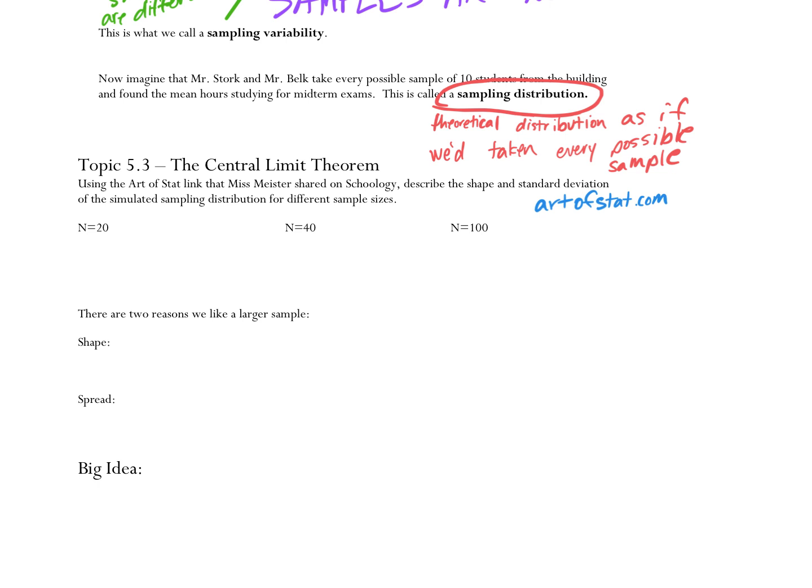Is that okay? Okay, but so larger samples are more likely to represent the population.